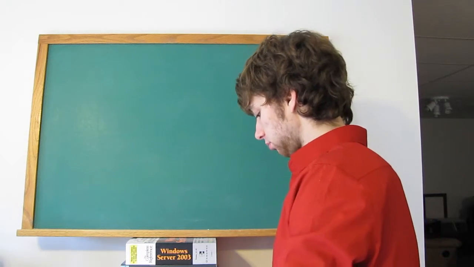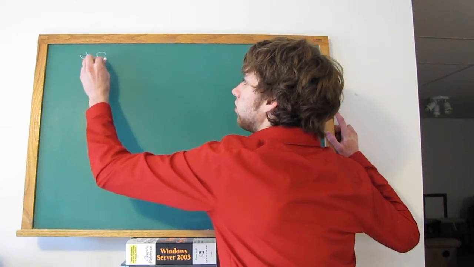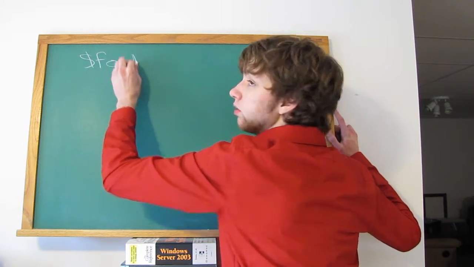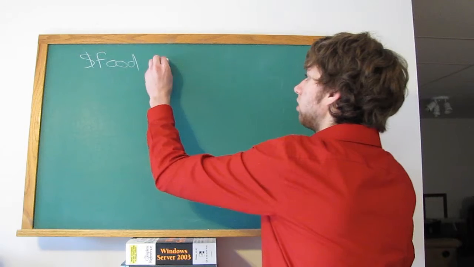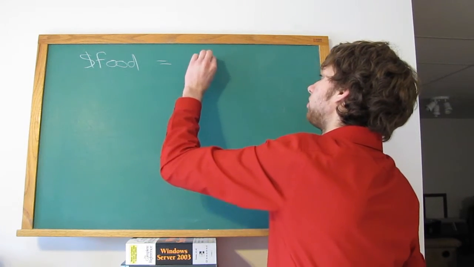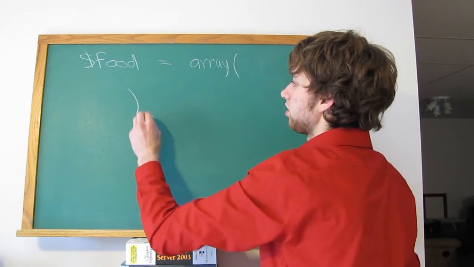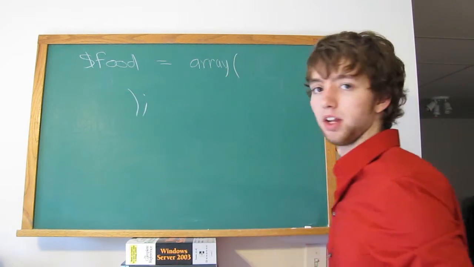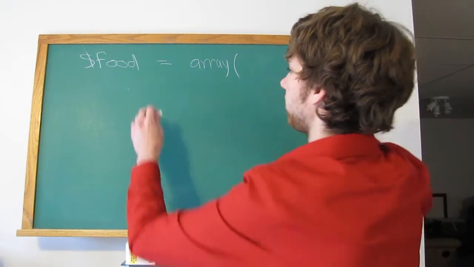Let's say we have one food. Pretty simple. You assign it, and then we say array, and we open a function, and then anything within these parentheses gets added to our array.